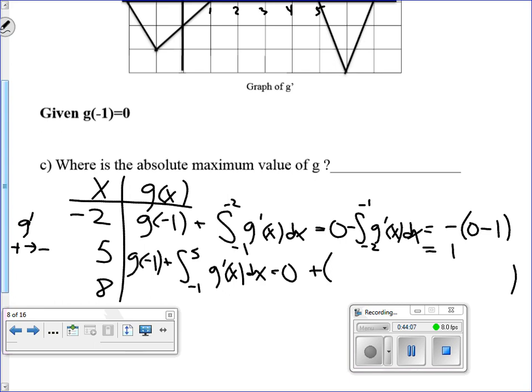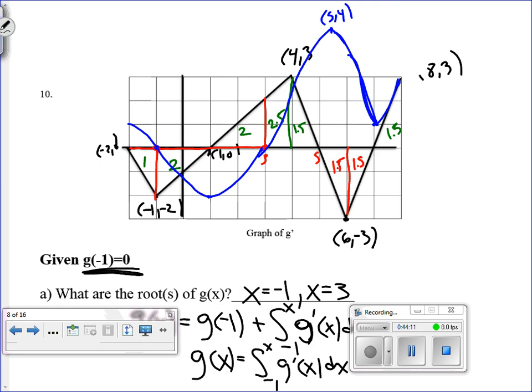So if you add up the area above, let me go back to that last screen. 2, 2.5, that's 4.5, and another 1.5, that's 6. And then the area below would be 2.